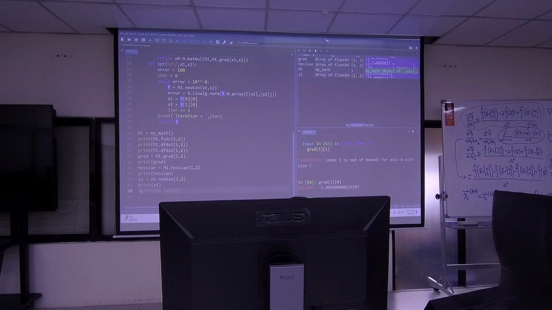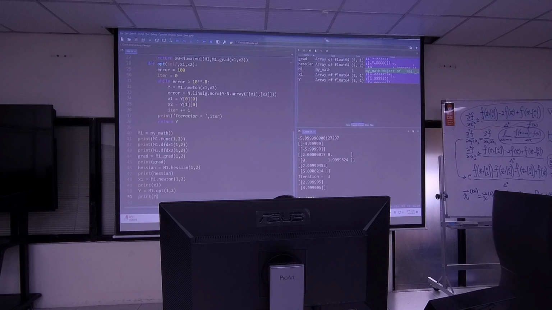So over here I will say y equals to M1 optimization 1 and 2. Print out the result y. Okay, boom. So do you think it's more accurate? It took 3 iterations.